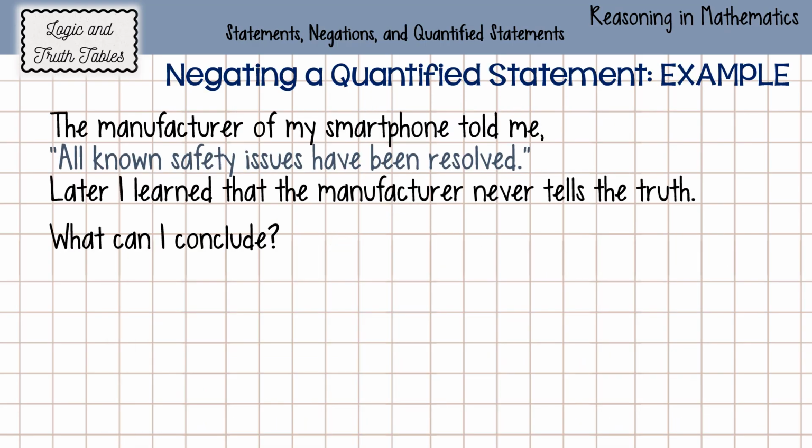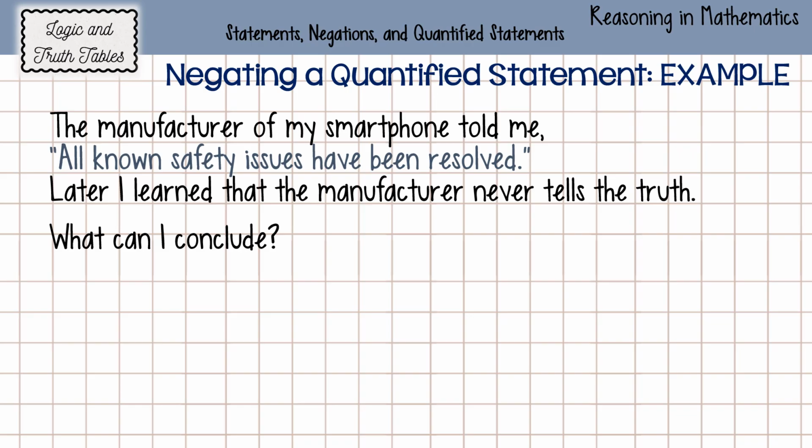Negating a quantified statement. Here's an example. The manufacturer of my smartphone told me all known safety issues have been resolved. Later, I learned that the manufacturer never tells the truth. Bad for manufacturers to lie to us. So what can I conclude?